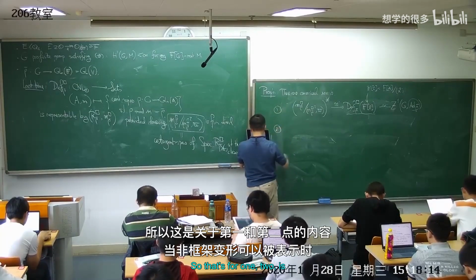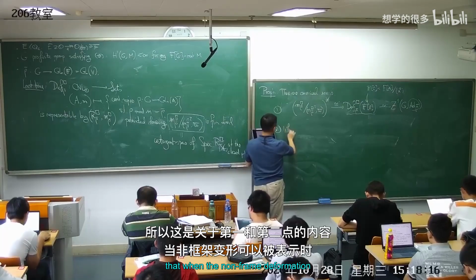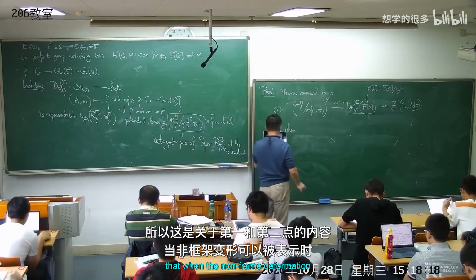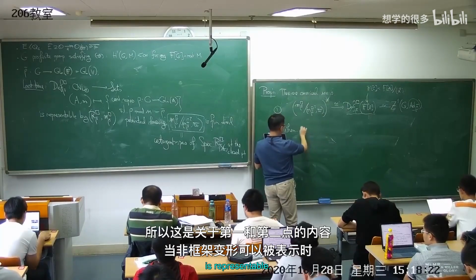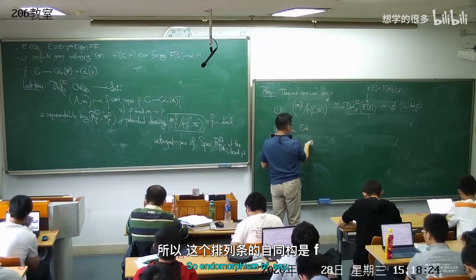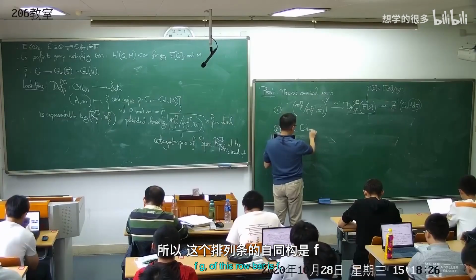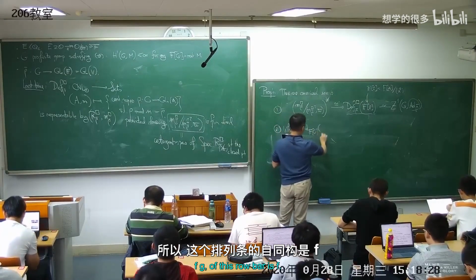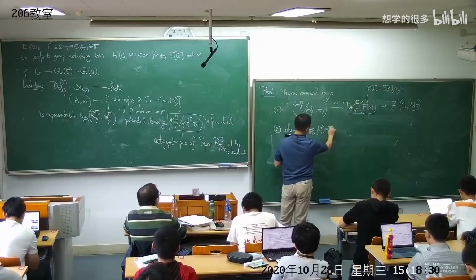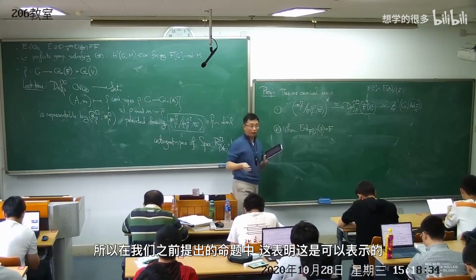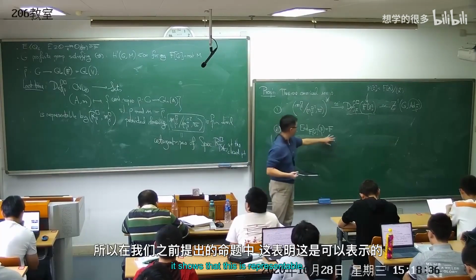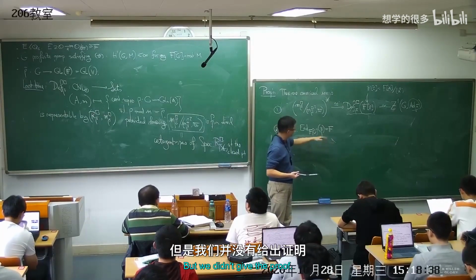For 2, when the non-framed deformation is representable, so that the endomorphism of, say, F[G] of this rho bar is F. In the proposition we stated earlier, it shows that this is representable, but we didn't give the proof.